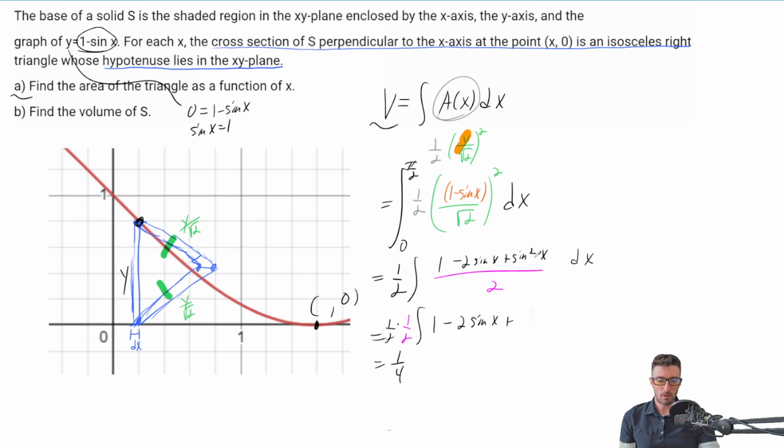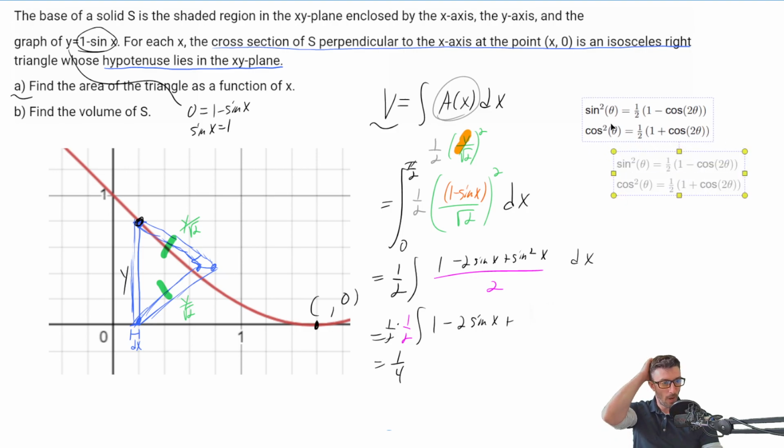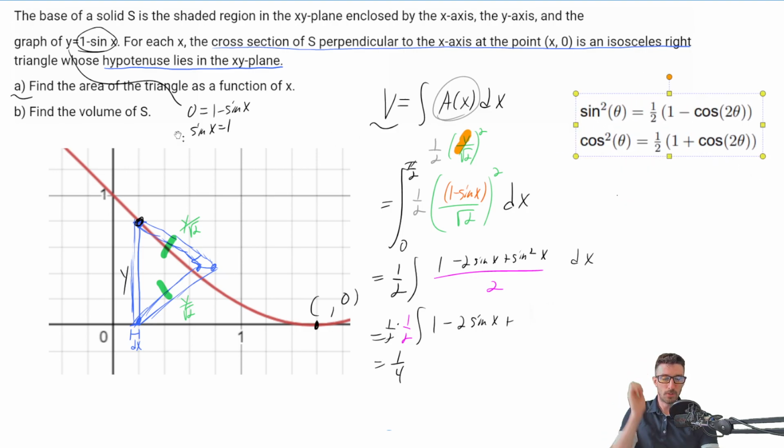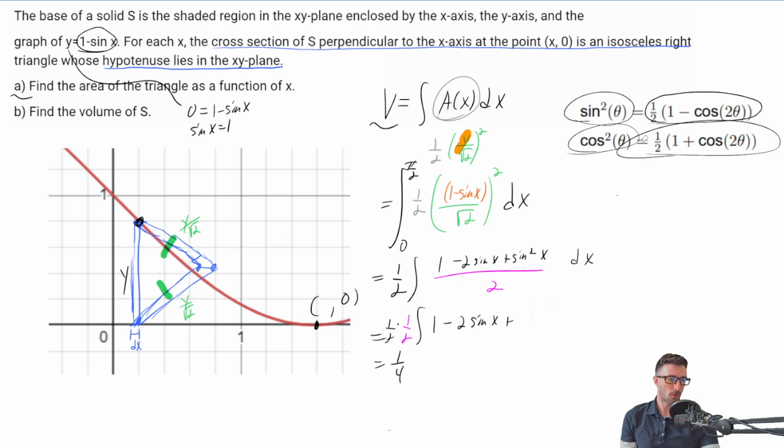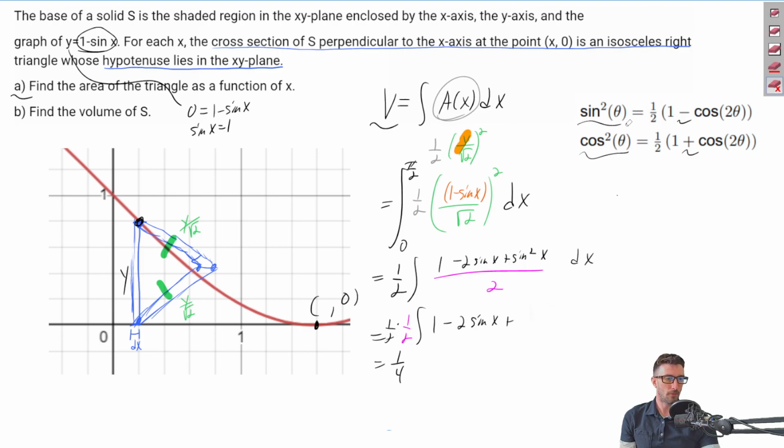Now, sine squared is not your friend when you're trying to take an integral. But we do have a cozy little formula for sine squared. We also have one for cosine squared in case you ever encounter that. But sine squared can be swapped out for this, and notice how there's a very similar formula for cosine. When you're dealing with cosine squared, you deal with a positive in front of the cosine 2 theta. When you're dealing with sine squared, well, negative.